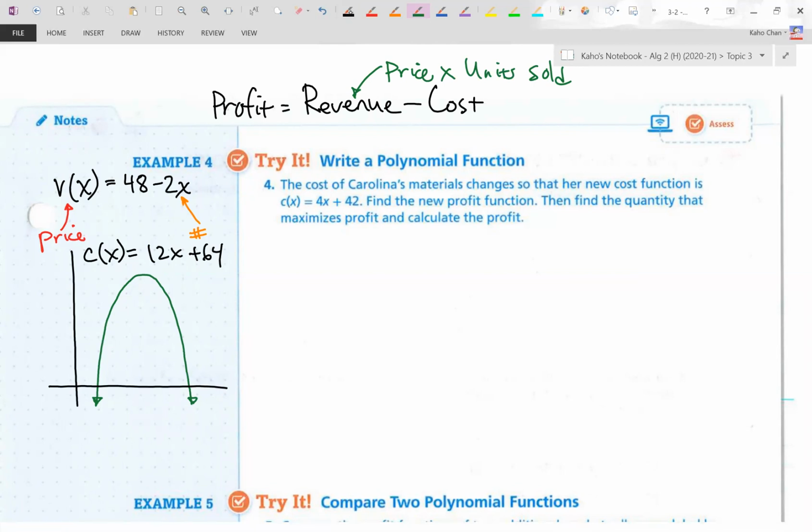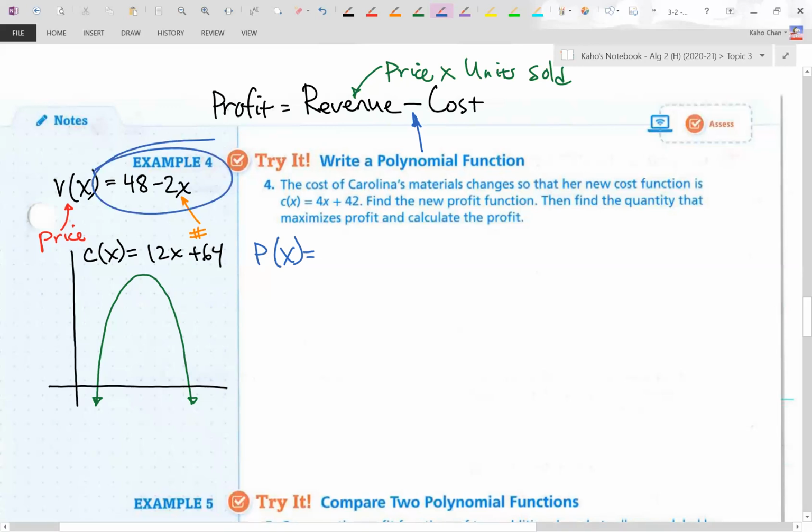So we need a profit function, P of x, that equals, the key is to subtract those two functions that were given to us in the book. We're going to take the revenue, in this case 48 minus 2x, and subtract away the cost, okay? That's all it is.